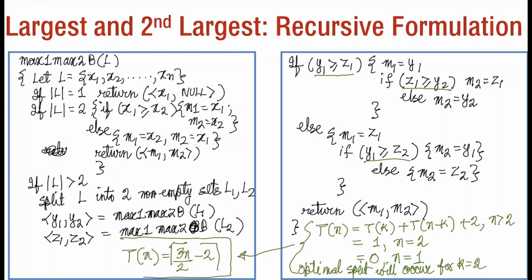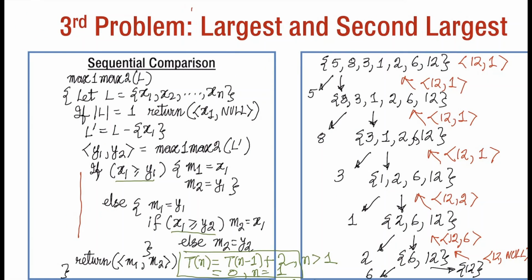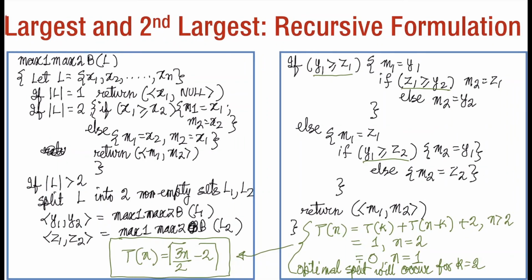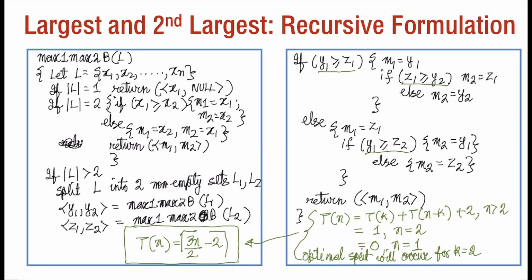So this is the complexity that we will get, which is a better and an improved version of the complexity that we got from our previous case where we did a sequential split, where we got 2n minus 2. So this follows an identical clockwork fashion as we have seen in our previous example.